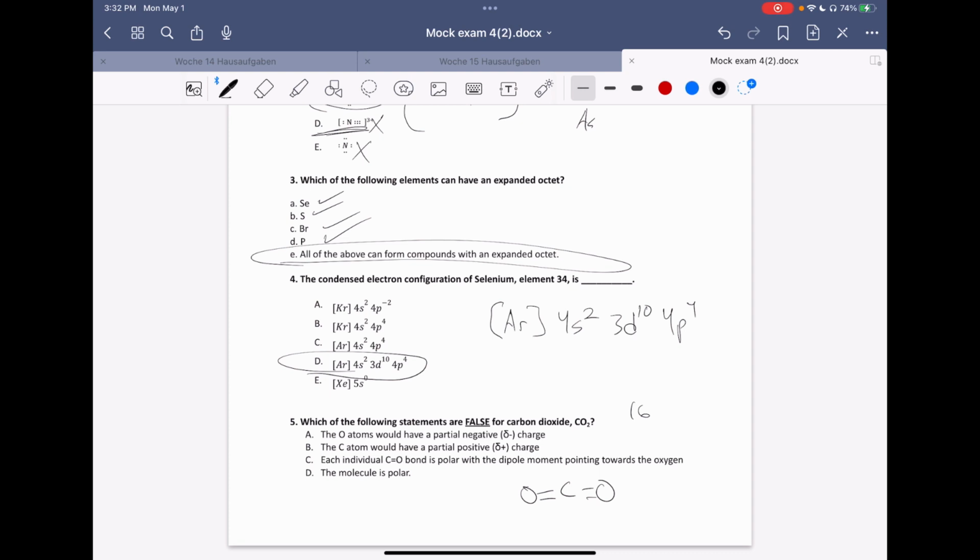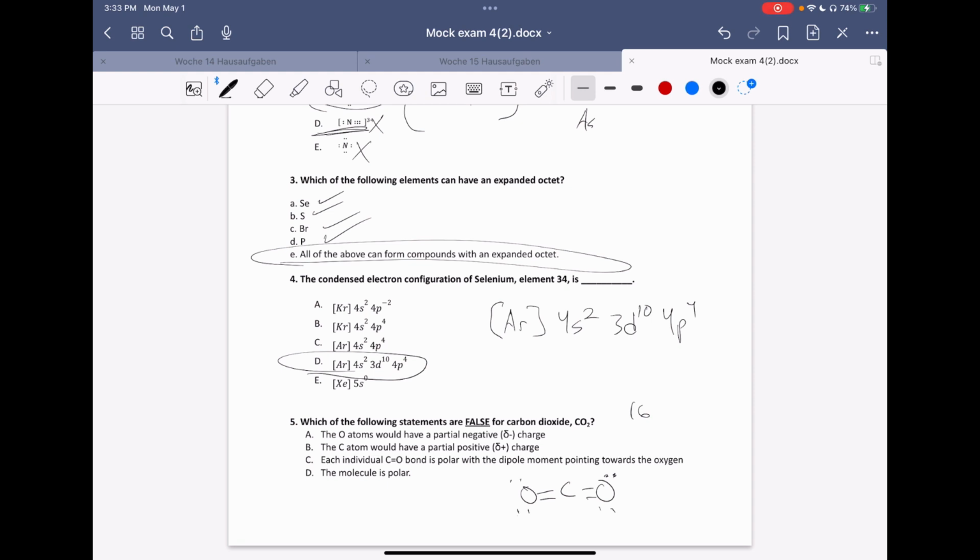Let's just throw in double bonds and see what that does. 1, 2, 3, 4, 5, 6, 7, 8. And then we've got 2, 4, 6, 8, 10, 12, 14, 16. And that's the Lewis structure for carbon dioxide. We can see that there's no net polarity. So then we can look at the answer choices.